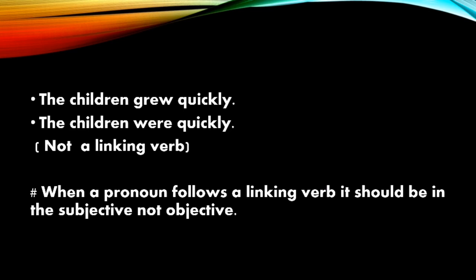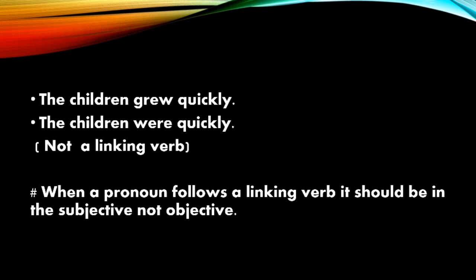But in the first sentence, grew could be used as a linking verb because it gave the same meaning. Okay, so you have to see whether it is giving the same meaning or not. If yes, then it can be used, otherwise not. If even after replacing it is giving the complete same sense, then you can consider the main verb as linking verb. Otherwise you will not consider it as linking verb.